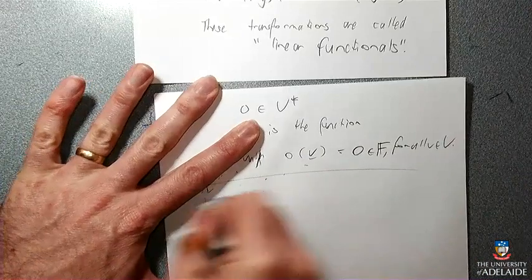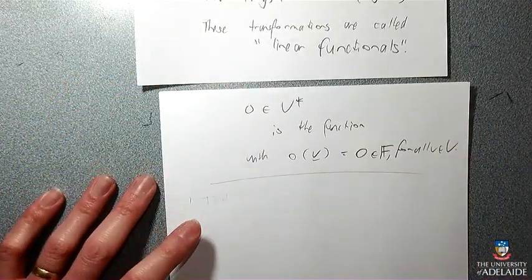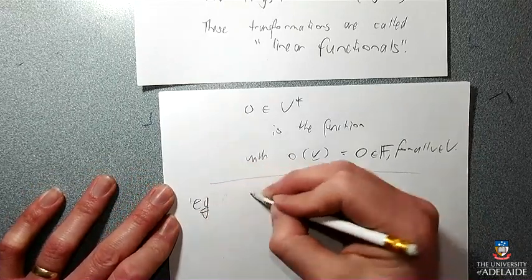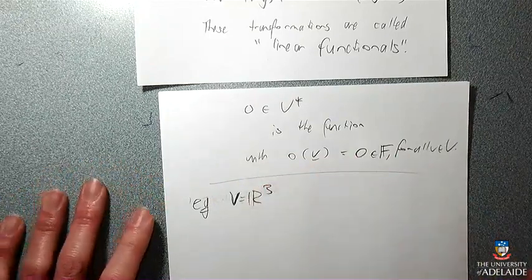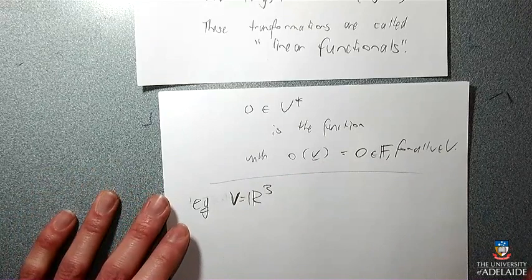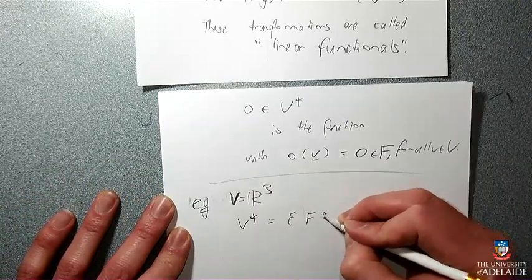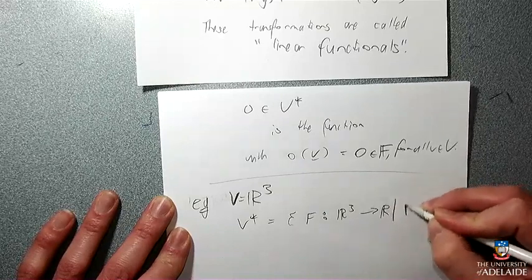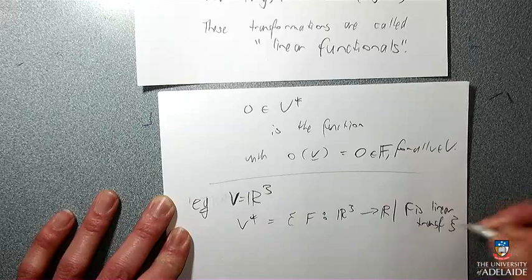No, I'm not going to talk about transposes yet. I want to have a better understanding of this dual space if we're going to use it to make something. So, just as an example, I just want to be sure of this. If we had V equal to R3, then the linear functions from R3 into R is a linear transformation, right?